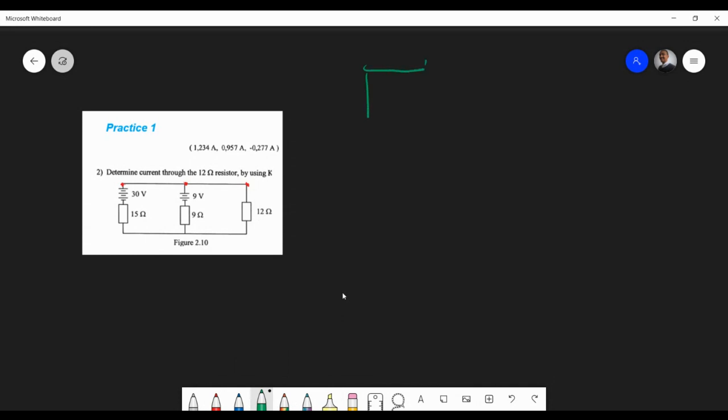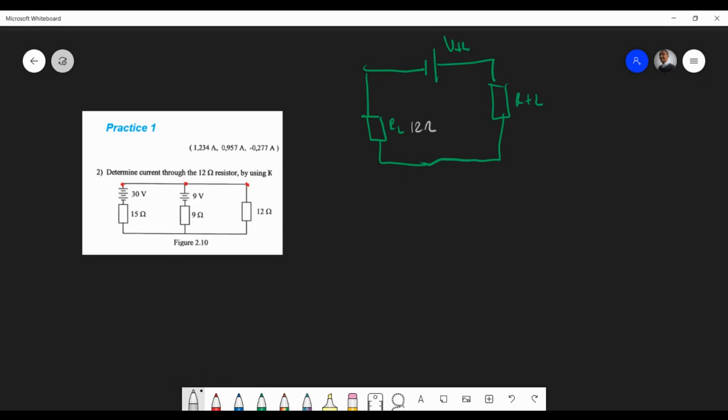So the Thevenin circuit, and you've got your load, and we've got your R Thevenin, and we've got the, what is this called again? The Thevenin voltage. So over here, we know that we want 12 ohms.